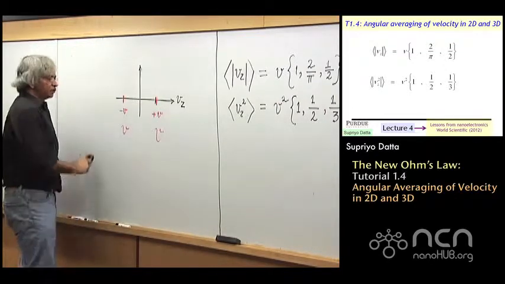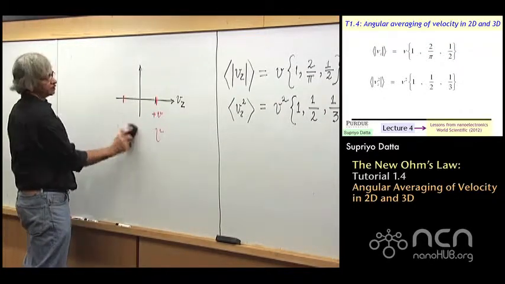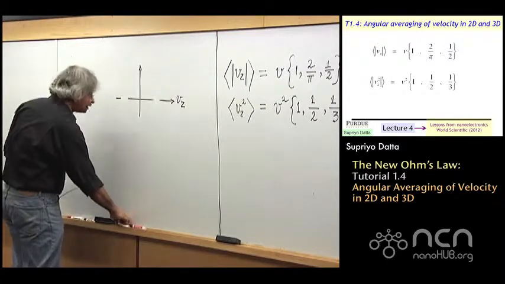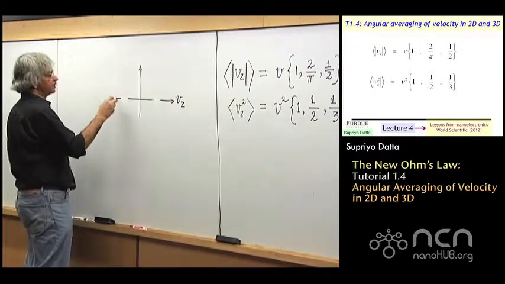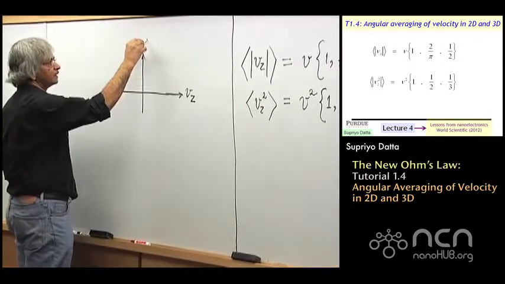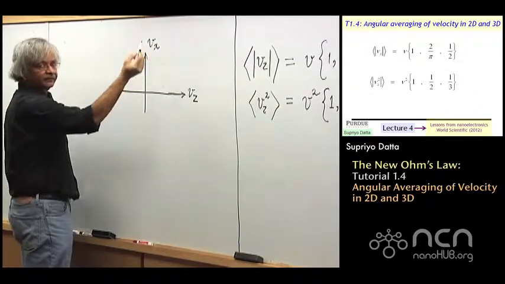Now we are trying to do the 2D problem. Let's say we are in this zx plane. So this is Vz and this is Vx.